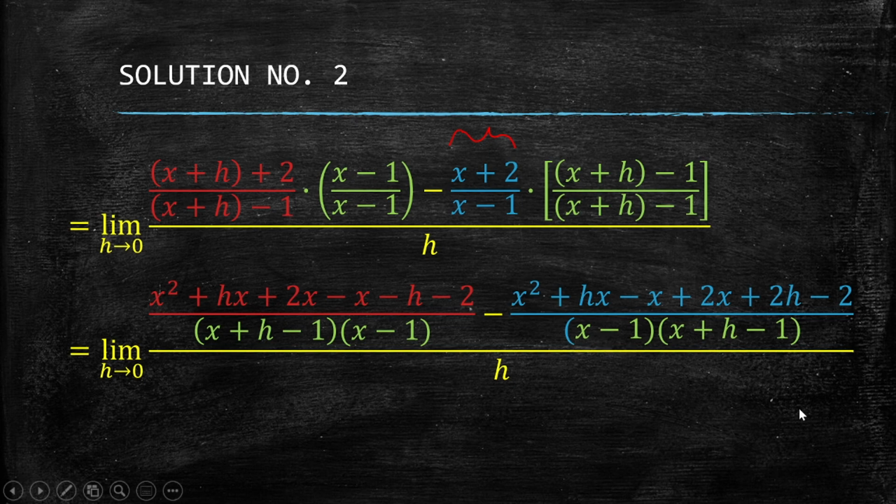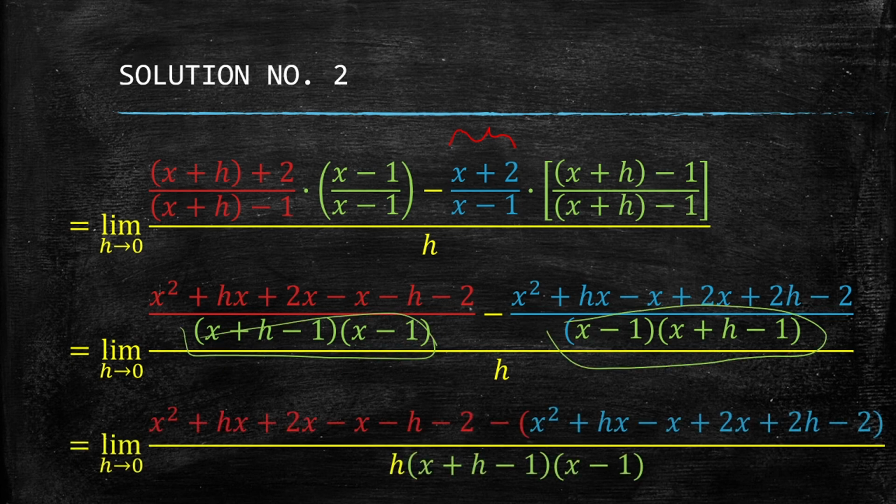Okay, so since they have the same denominator, we can now combine them. After combining, we can bring over h to the denominator, because again, it's just the properties of reciprocals. So we have now h times the quantity of x plus h minus 1 times the quantity of x minus 1 in the denominator.